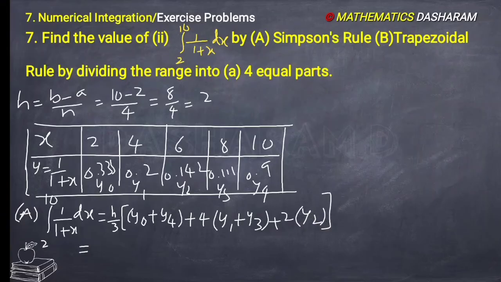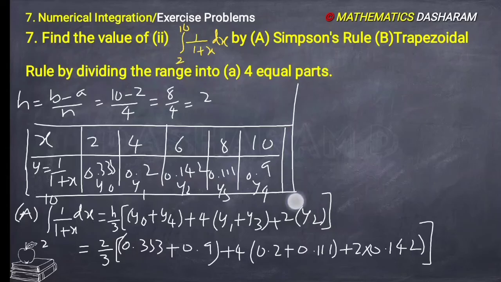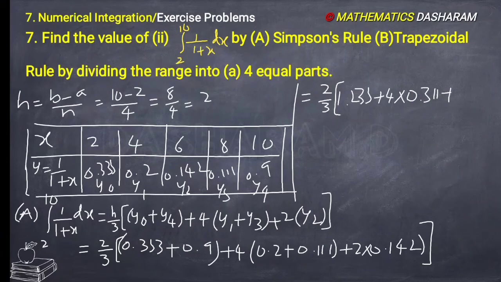So the h value is 2 divided by 3 bracket of, substitute the values in this. Now let's simplify this. So 2 by 3 bracket of 0.333 plus 0.9 is 1.233 plus 4 into 0.311 plus 2 into 0.142 is 0.284.